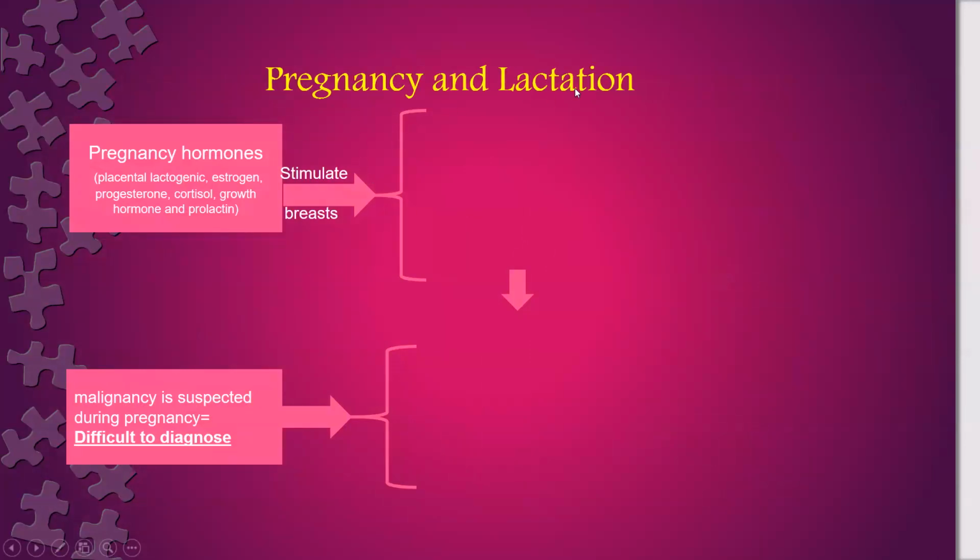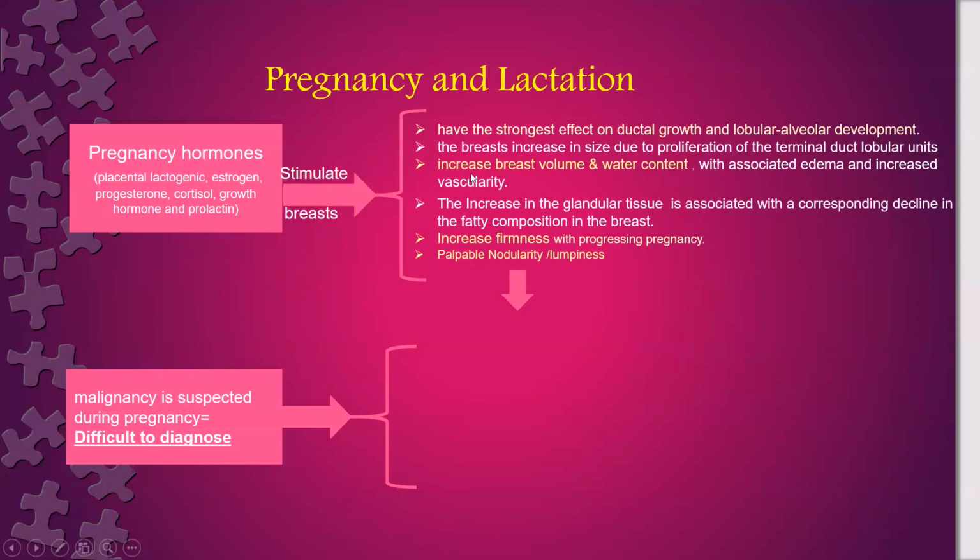Okay, so during pregnancy and lactation, the pregnancy-related hormones that stimulate proliferation are strongest. The estrogen, progesterone, and prolactin have the strongest effect on ductal and lobuloalveolar development. So there are numerous proliferations of the gland. When the gland proliferates, it is at the expense of the fat.